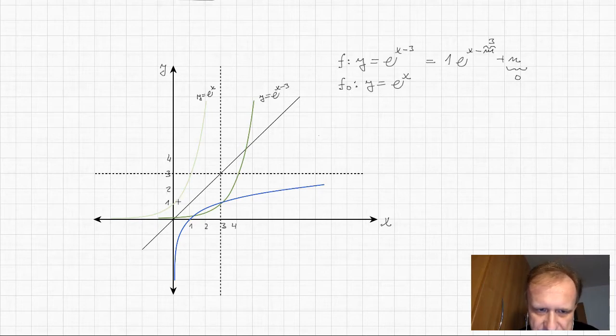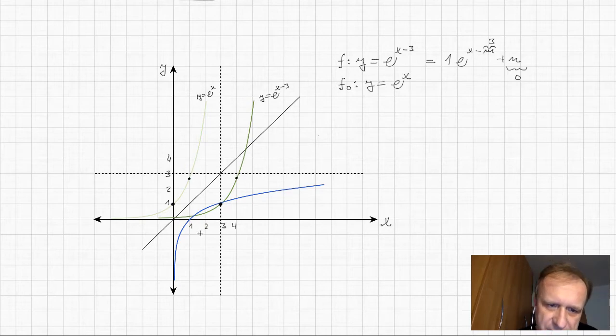What you can observe here is the following. This point, which had the coordinates 0 and 1, is translated to a new position with coordinates 3 and 1, and moreover the point with coordinates 1 and e, which is approximately 2.7 on the vertical axis, is translated also by 3 units to the right to this new position.